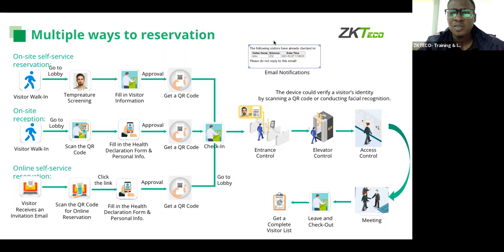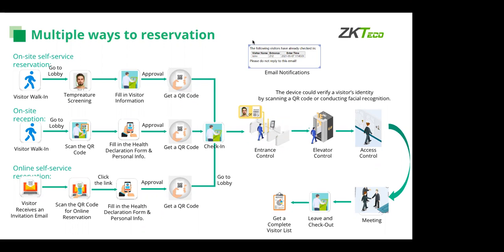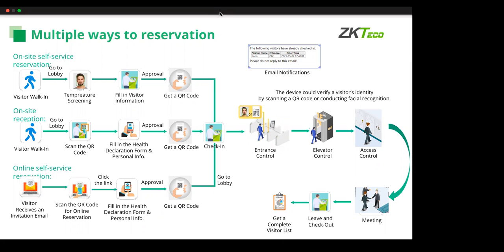But if it is a QR code thing, because the FaceKiosk has basically two verification modules, no, it has three. It has the QR part, it has the facial identity part, then it has the fingerprint identity part. So if you're an organization that is deploying devices with fingerprints, then people can check in with fingerprints.